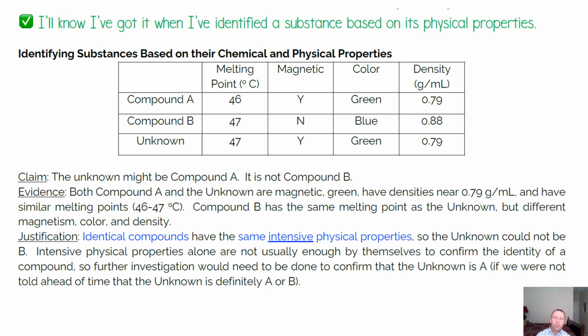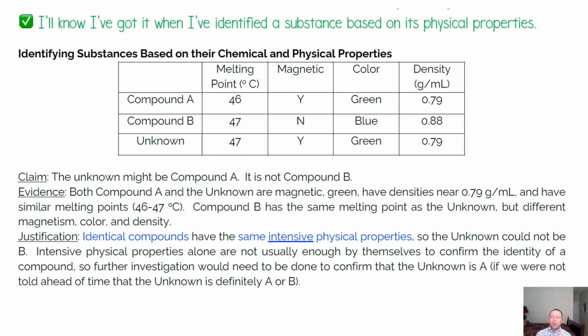So the justification, remember, brings in scientific principles to explain the evidence and support our claim. Identical compounds have the same intensive physical properties, so the unknown could not be B. Intensive physical properties alone are usually not enough to confirm the identity of a compound, so further investigation would need to be done to confirm that the unknown is A, since so many of its properties match.